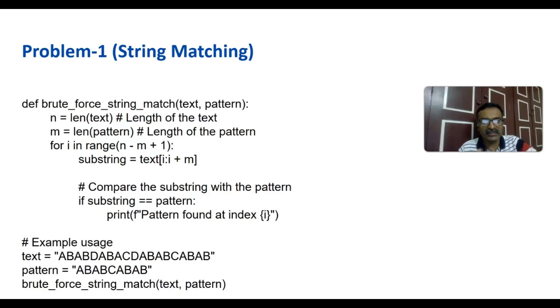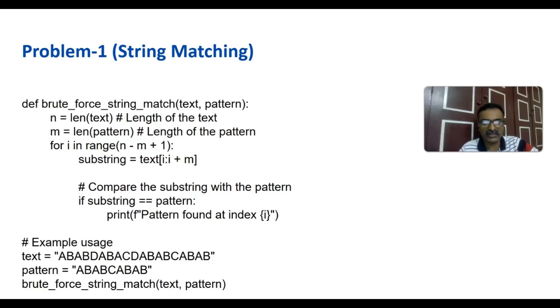I am taking each substring. So substring is equal to text of i to i plus m. Then I am comparing the substring with the pattern. If substring is equal to pattern, then I will print that pattern found at index, maybe 0, maybe 2, etc. That is the function. Then I have given my test case.